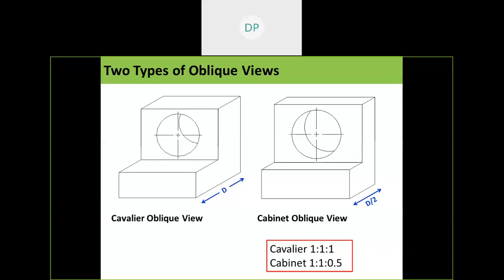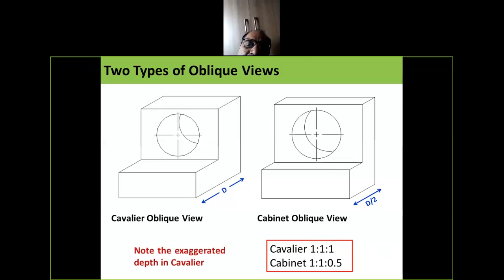Now, there are types of oblique: cavalier and cabinet.